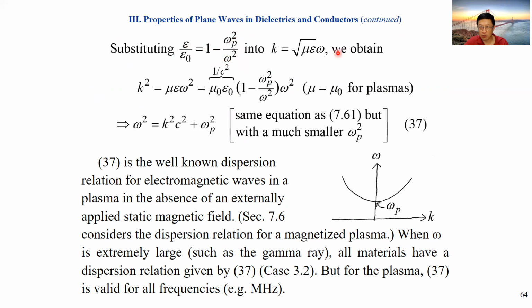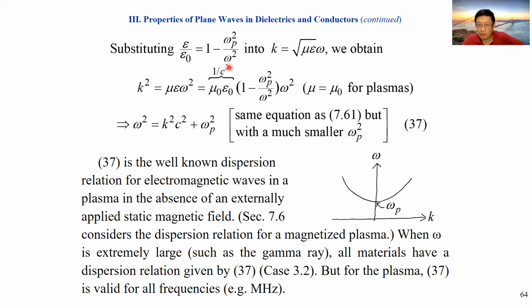Substitute epsilon to here. We obtain k squared equals mu epsilon omega squared, equal to mu 0 epsilon 0. You just factor out mu 0 epsilon 0, so here it's 1 over c squared, and omega squared here, omega p squared here. So that's the equation.